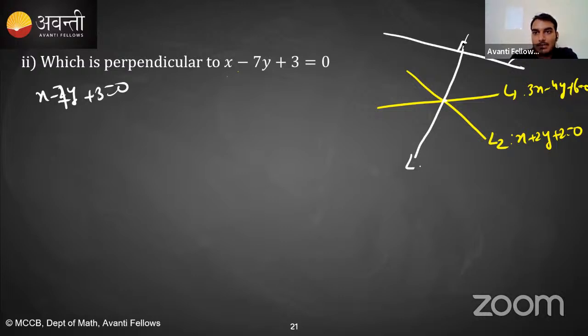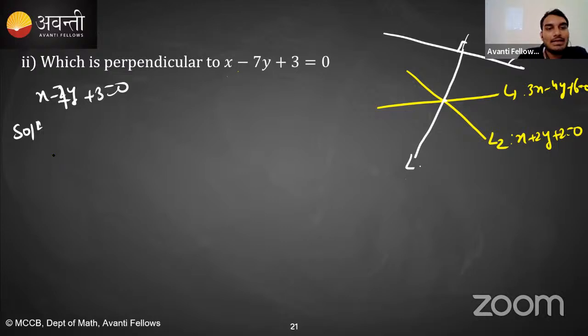So this is the perpendicular, right? How will you do it? Can anybody tell me in the chat box how to proceed? We have to find our line L such that it is passing through the point of intersection of L1, L2 and is also perpendicular to x minus 7y plus 3. Anyone?